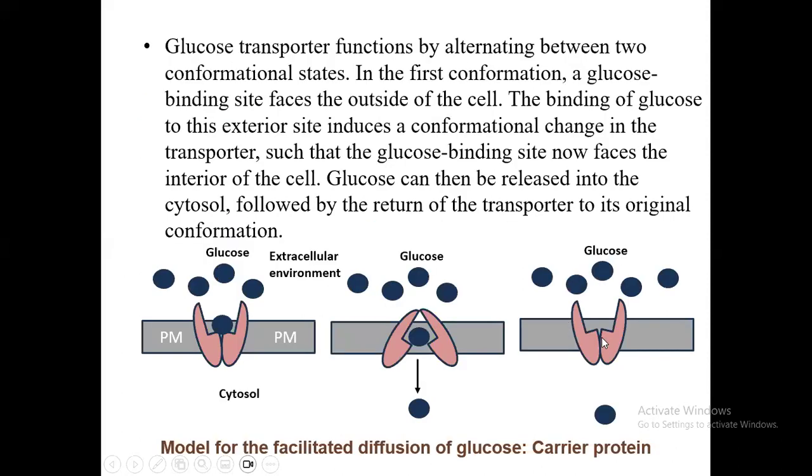Here is a diagrammatic representation of the model for facilitated diffusion of a glucose molecule with the help of the glucose carrier protein. The glucose transporter functions by alternating between two conformations.